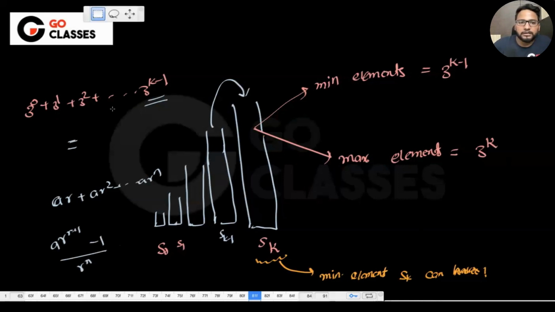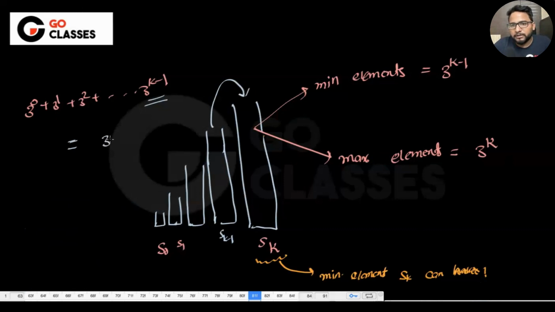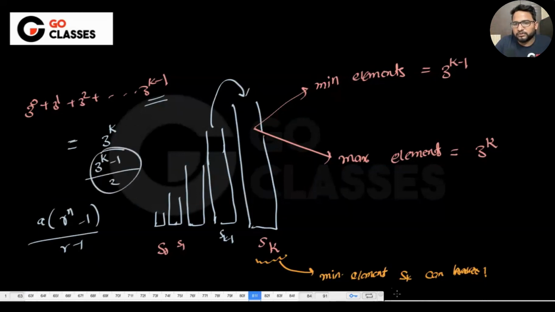But anyway, asymptotically, let me just talk asymptotically, it will be 3 power k, I think, right? Okay, this is the formula, which is a into r power n minus 1 upon r minus 1, right? Yes, that's the formula. So here a is 3 power 0, which is 1, r is 3, and n is the number of elements, so it is 3 power k minus 1 upon 2, something like that, right?